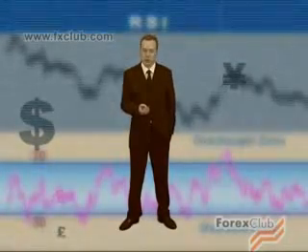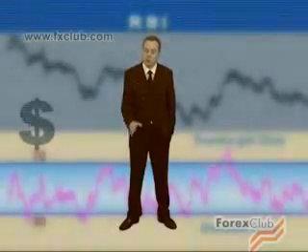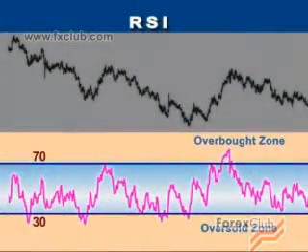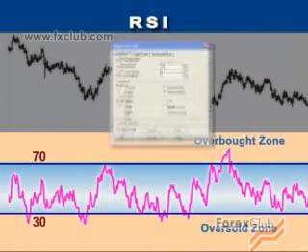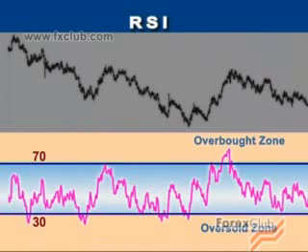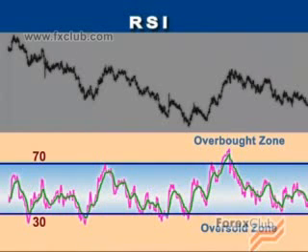Some traders are not satisfied with the choppy appearance of RSI and they smooth the oscillator's line. The usual way of smoothing is to average the indicator's value with a simple or exponential moving average. This is an option in RSI's properties windows in our technical analysis software, Rumus.